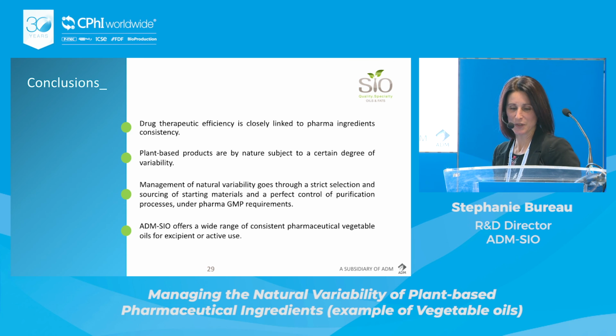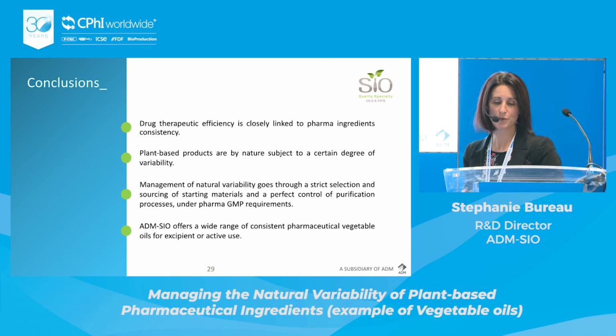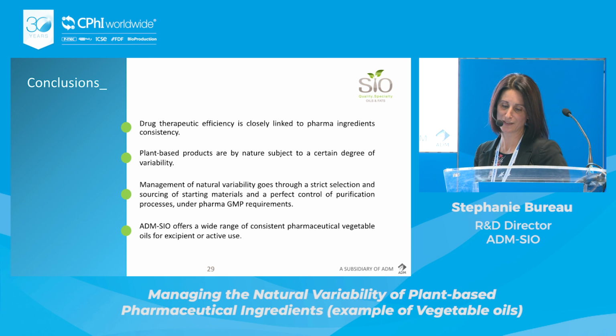So, as a conclusion, we saw the importance of managing the pharmaceutical ingredients variability to ensure drug therapeutic effectiveness, and natural-based products are by definition subject to a certain degree of variability, and this variability can have many different origins.